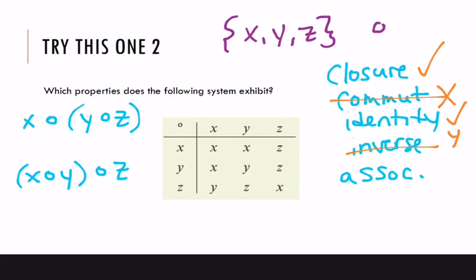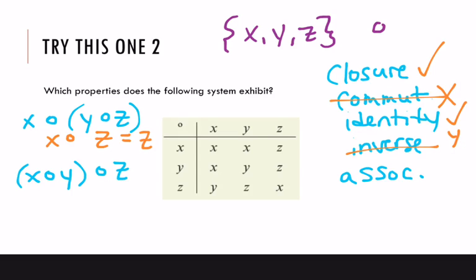All right, so first y circle z. Okay, y circle z is z, and x circle z is z.